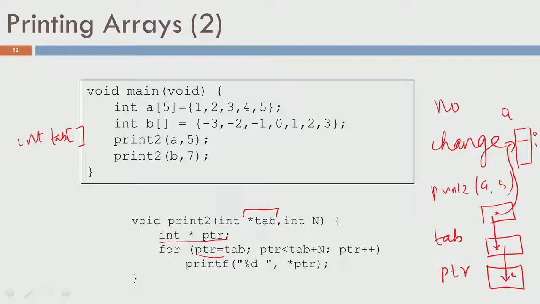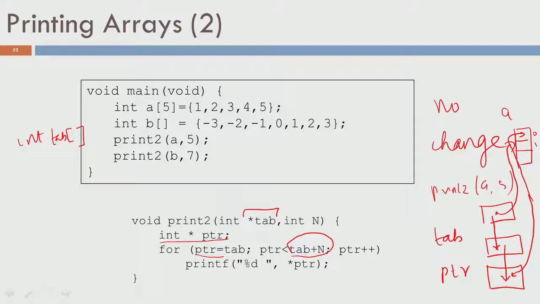Since this is an integer pointer, it is supposed to point to the next valid integer. So, ptr would have been pointing to a of 0, now ptr will point to a of 1. Then star ptr will print a of 1 and you keep doing this till ptr is less than tab plus n. So, this is one way of doing the same thing.